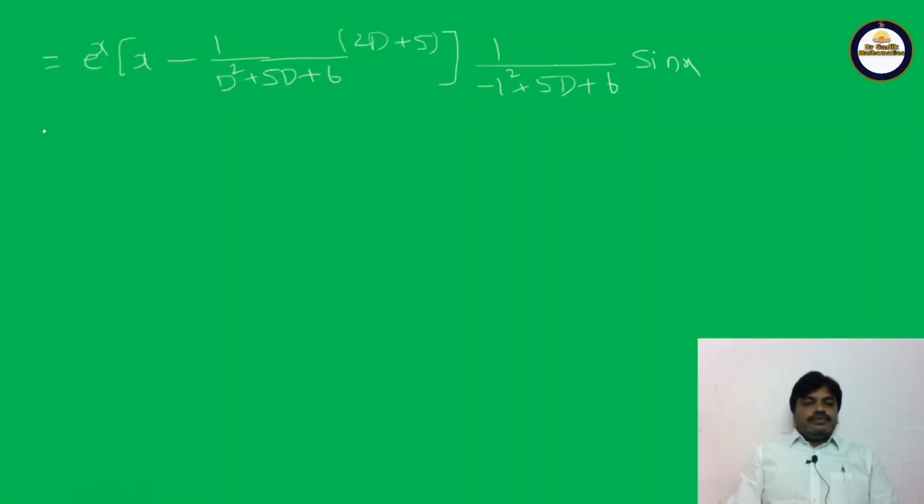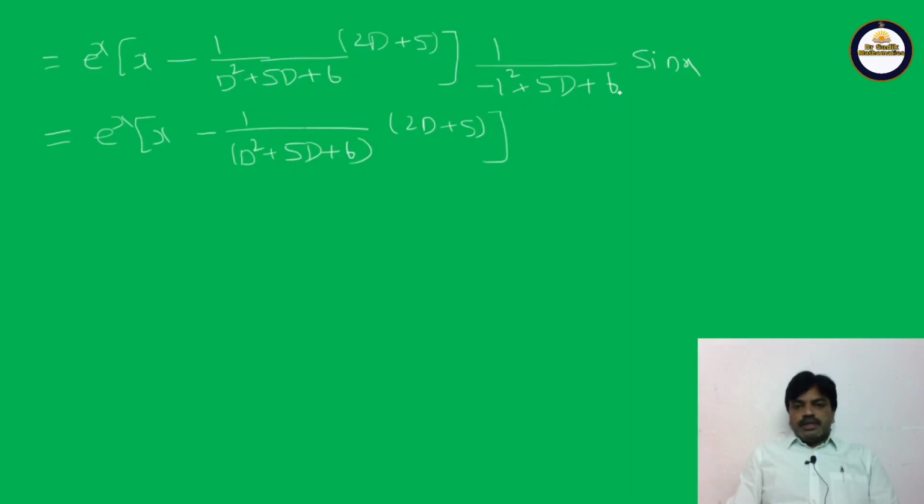So that is equal to e power x bracket x minus 1 by D square plus 5D plus 6 into 2D plus 5 bracket close, minus 1 plus 6, friends, we get plus 5.